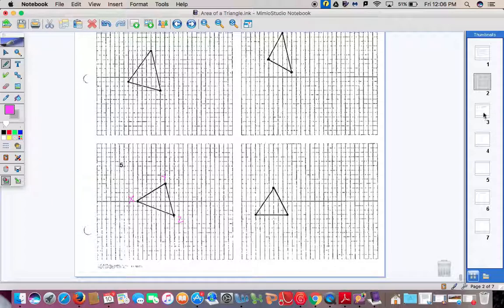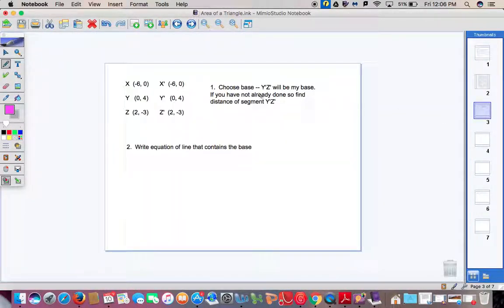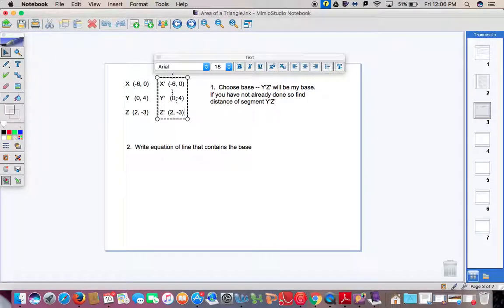So you can sit there and look at your worksheet, or we can just see what I've done. So if X is at -6, 0, I didn't fix this as I went through, so let's fix this real quick. And I want X to be at my origin. I would be adding 6 to -6 to make it so.